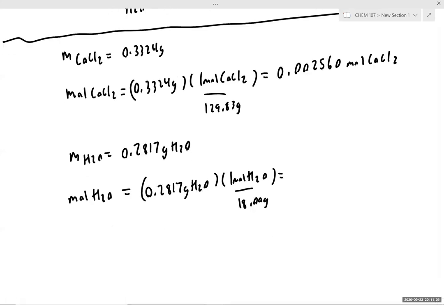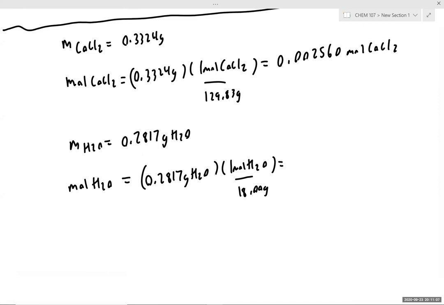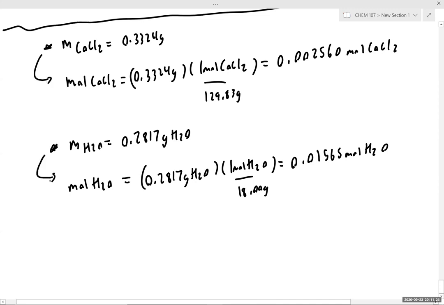Punching that into our calculator, that gives us 0.01565 moles of water. So once we have the mass of our anhydrous sample and water, we calculate the moles.